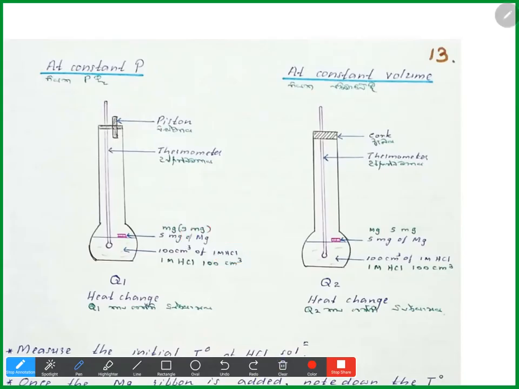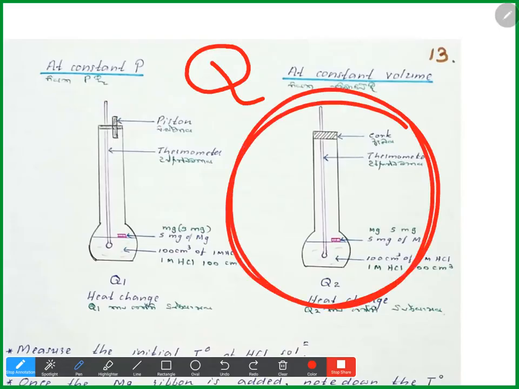That generated heat we can measure separately, so you can get heat change or Q. But if the volume is constant, the generated heat also increases the pressure, and it cannot expand. How do you make the pressure? Pressure comes with collisions per unit area.